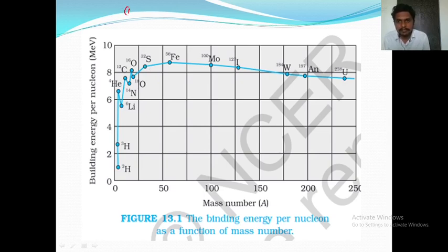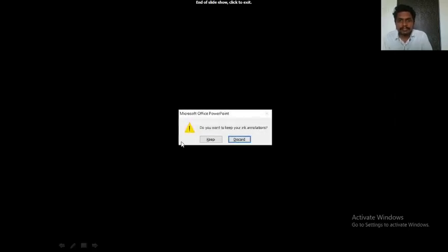The first point from the binding energy curve is that binding energy is almost constant for nuclei ranging from almost 30 to 170. It is about 8 mega electron volts.